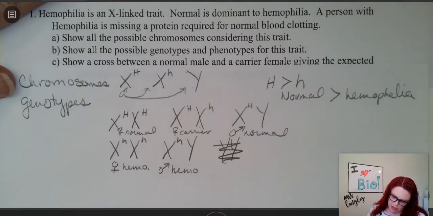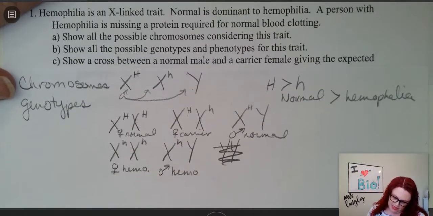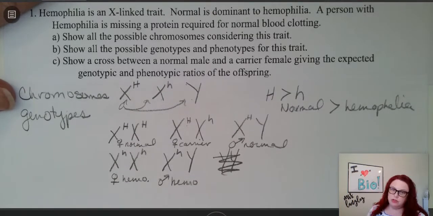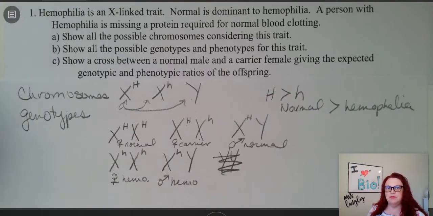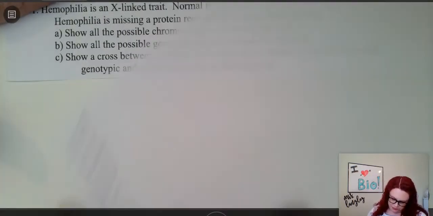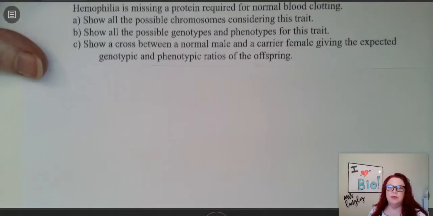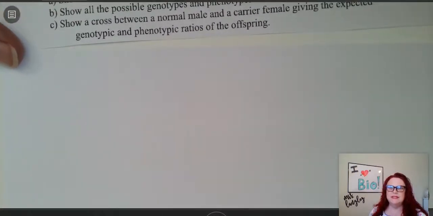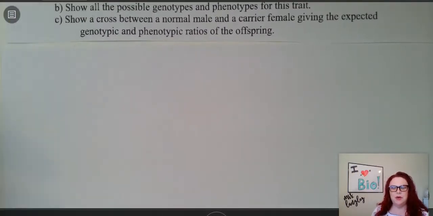Show a cross between a normal male and carrier female, giving the expected genotypic and phenotypic ratios of the offspring. All right, we can do that. Move it up a little bit so we have lots of space. So we have a normal male.